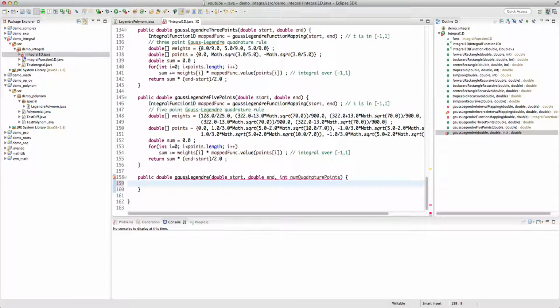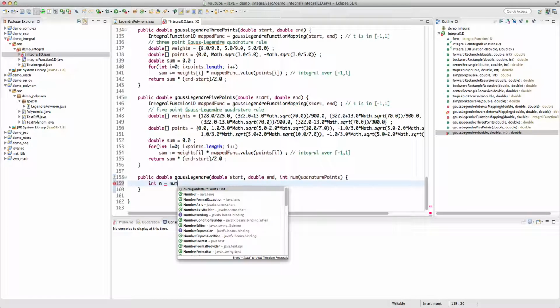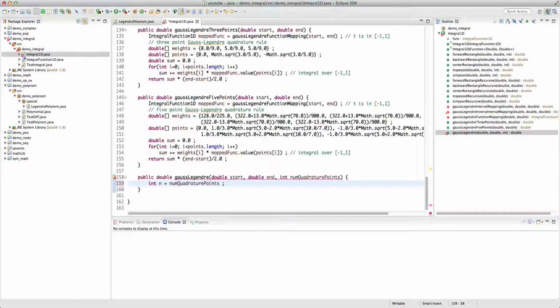And then I'm going to create a variable n for the number of quadrature points. We actually don't need to, just call it quadrature points.